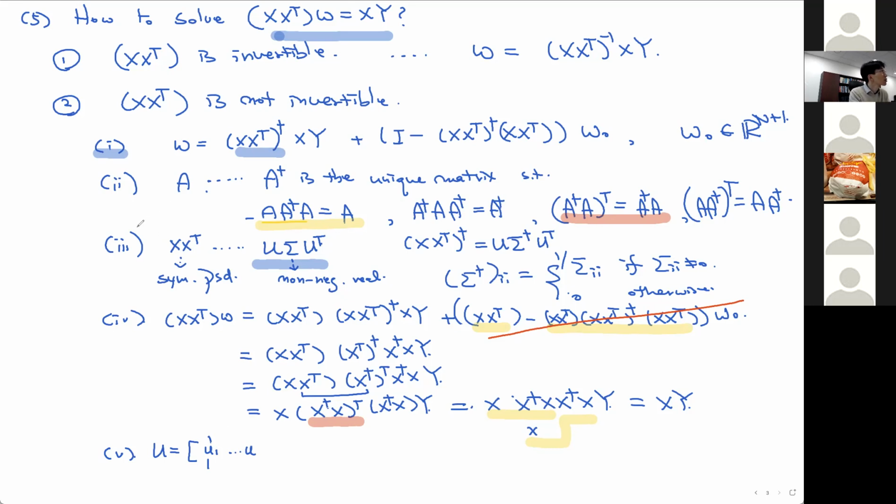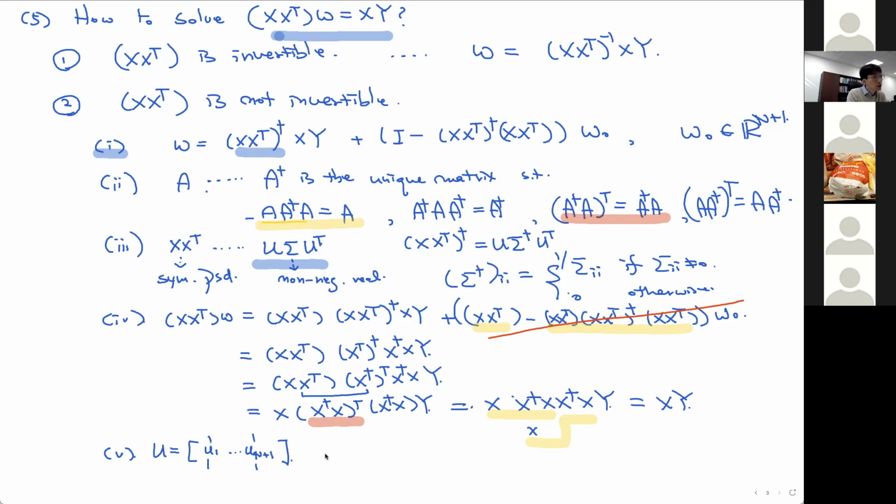X is n plus 1 dimensional, so there are n plus 1 eigenvectors. They are normalized, and they are all orthonormal vectors among each other.